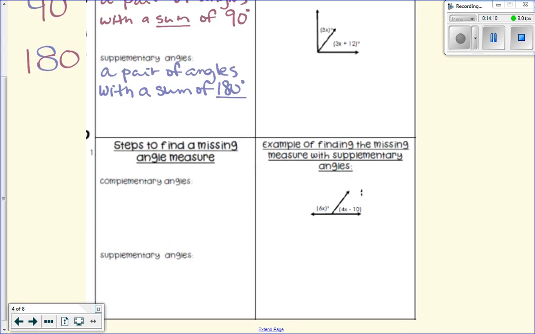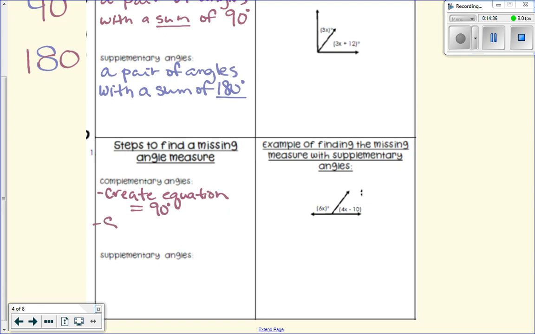All right, so here are some steps to find both complementary and supplementary angles. They're pretty much the same steps. You're going to create an equation that equals 90 degrees.